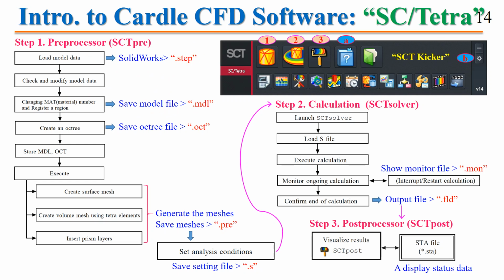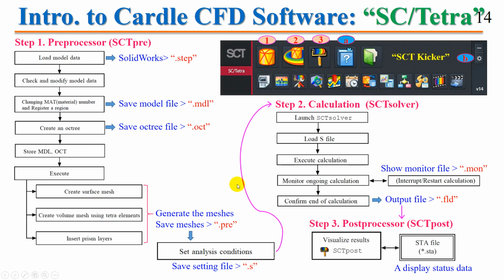In this case, you should save the CAD file or the model file. The model file of SCT is dot MLD. Okay, this is the step of the geometry generation in the pre-processing.